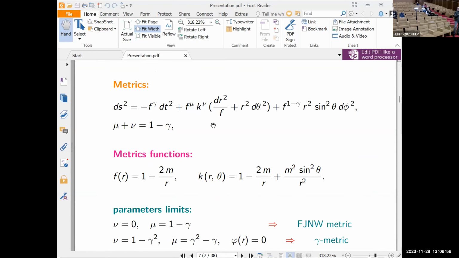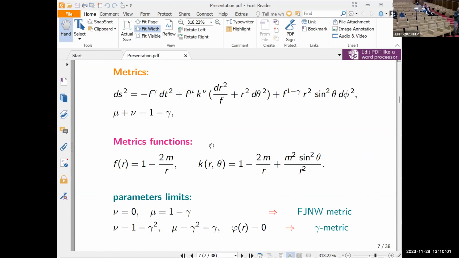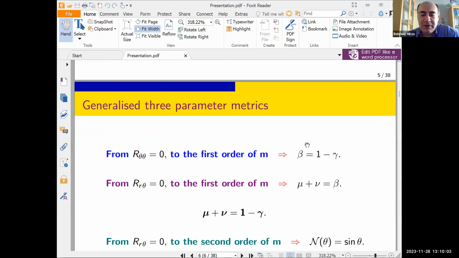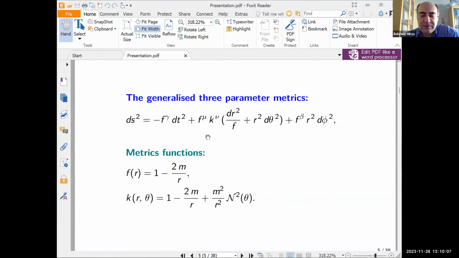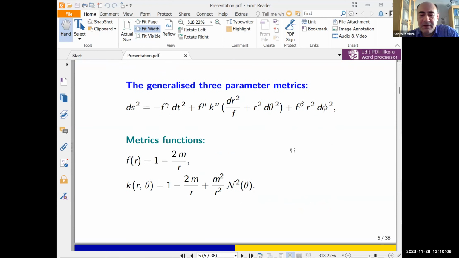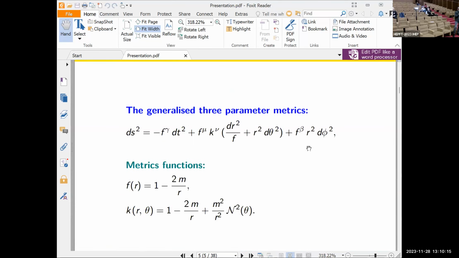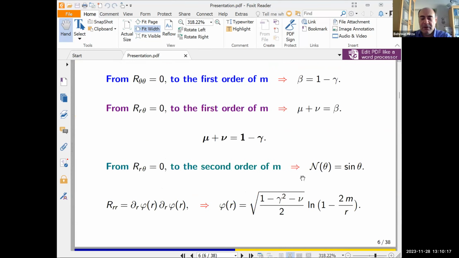Maybe even earlier. Okay. Maybe the next slide with the expression for the scalar field. Okay, in here. Yeah.